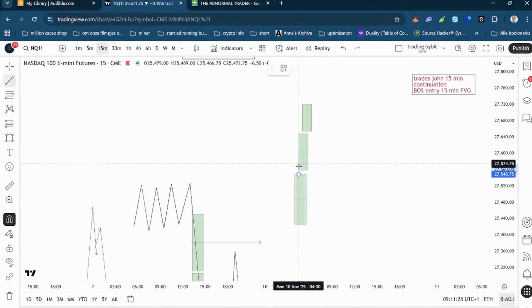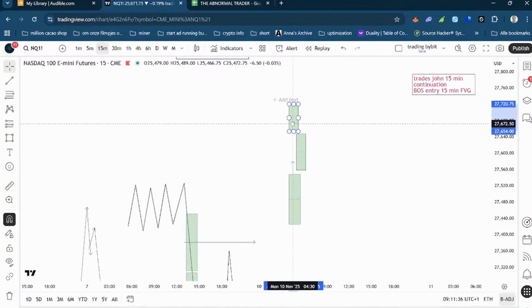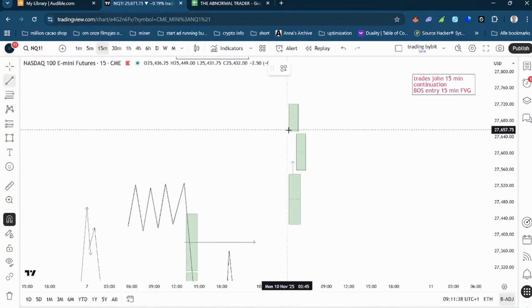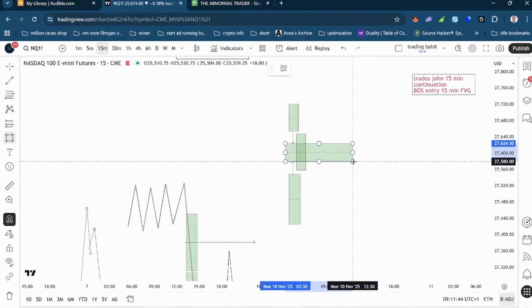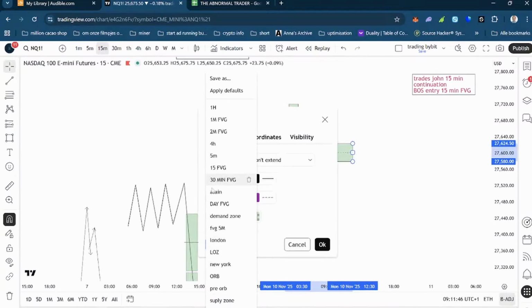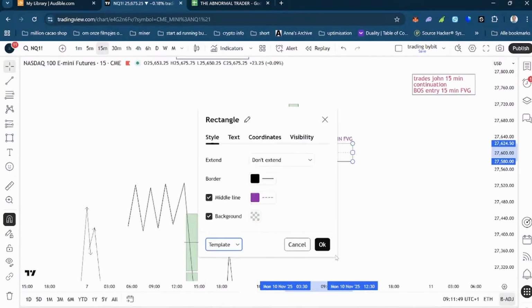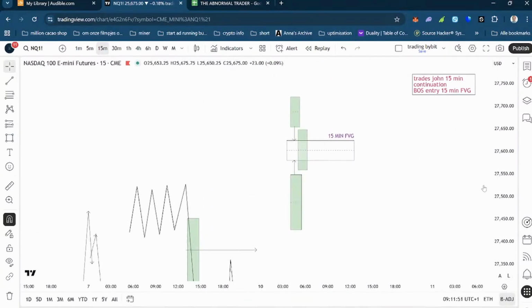So what is it? Candles always have wicks. I'll move this one a bit to the side. The space between those two wicks, right here, is called a value gap, and you can trade off of them.